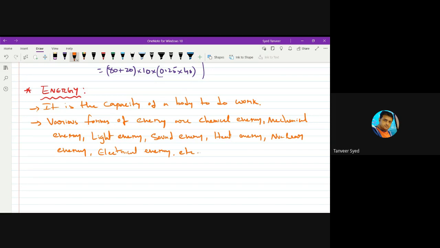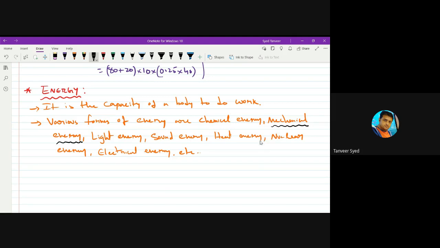But in this particular chapter, work, energy, power, we will be considering only one type of energy, mechanical energy. Mechanical energy is that energy which is possessed by bodies either due to their motion or due to their position. Or the energy due to which bodies can do work is mechanical energy.